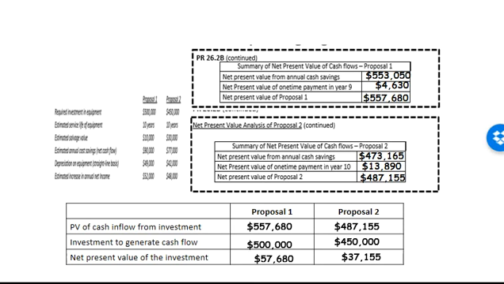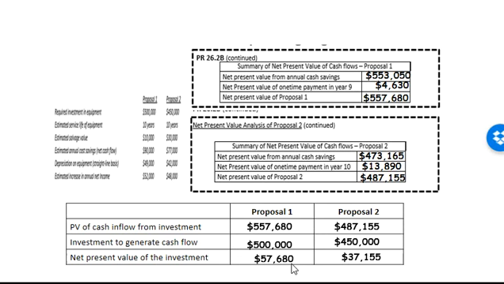So in this analysis of proposal 1 versus proposal 2, being that I can only accept one of the two proposals, I would select proposal 1 because it gives me a greater net present value compared to my investment over the life of the investment.